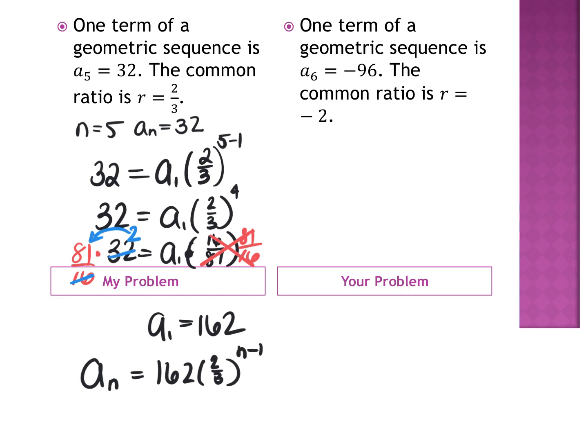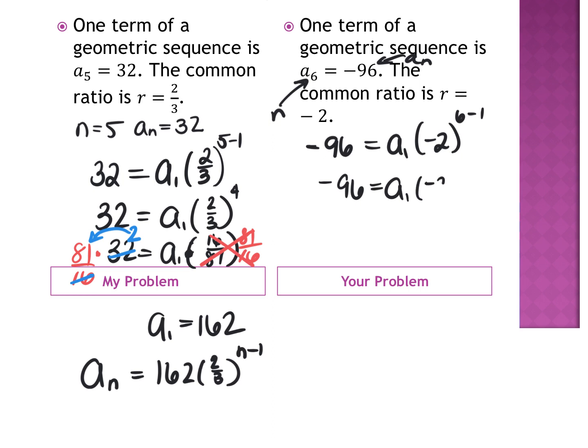Okay, you should have done it already. My an is negative 96. a1 is what I'm trying to find. My r is negative 2. My n is 6 minus 1. So negative 96 equals a1 times negative 2 to the 5th.